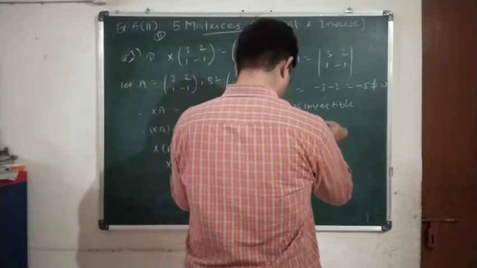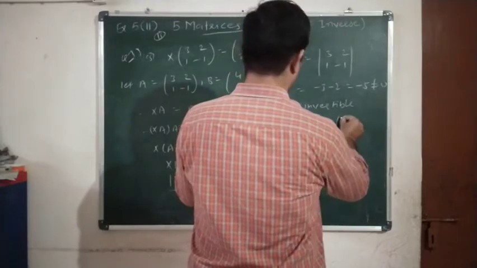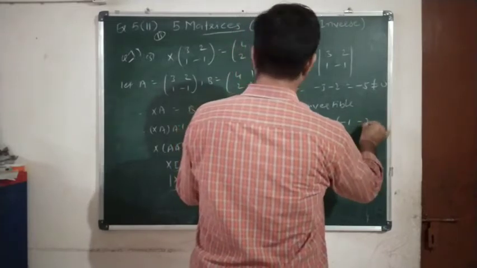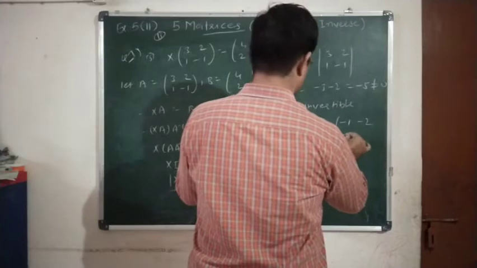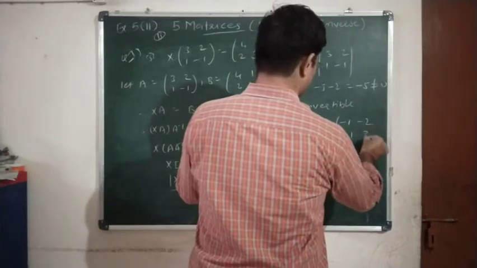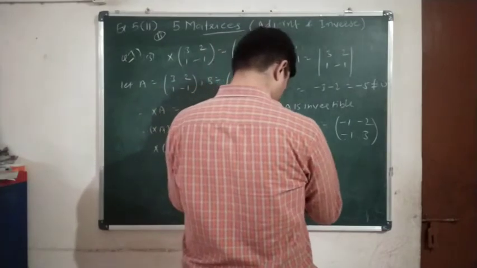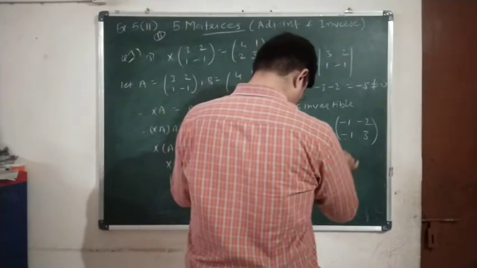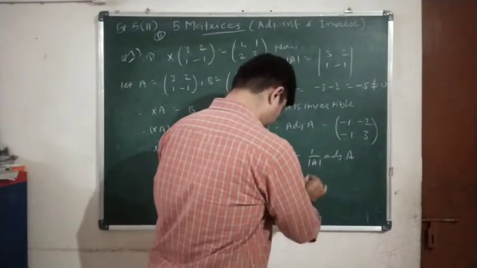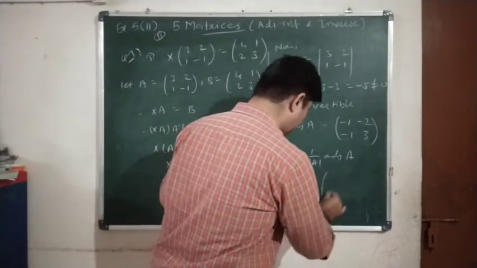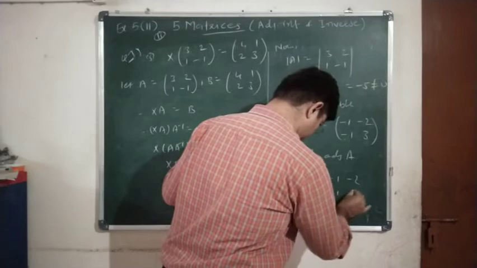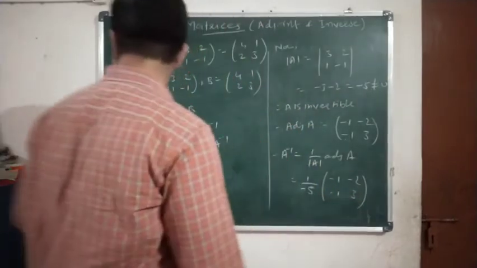Adjoint of A will be minus 1, minus 2, minus 1, 3. And therefore A inverse will be equal to 1 upon determinant of A into adjoint of A, 1 upon minus 5 into minus 1, minus 2, minus 1 and 3.